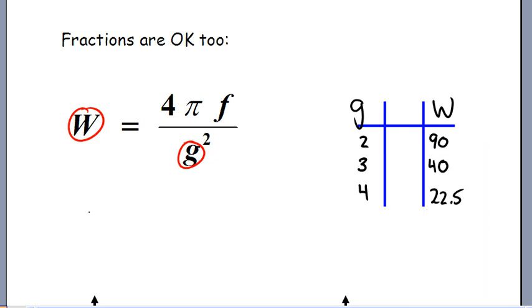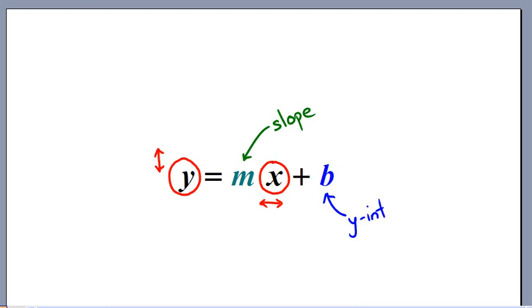Couldn't you rearrange this equation as W is equal to maybe 4 pi f multiplied by 1 over g squared? That now could have the feeling that looks like this.